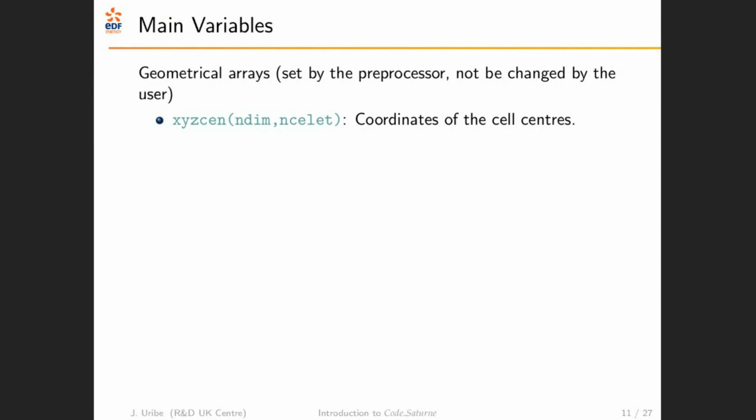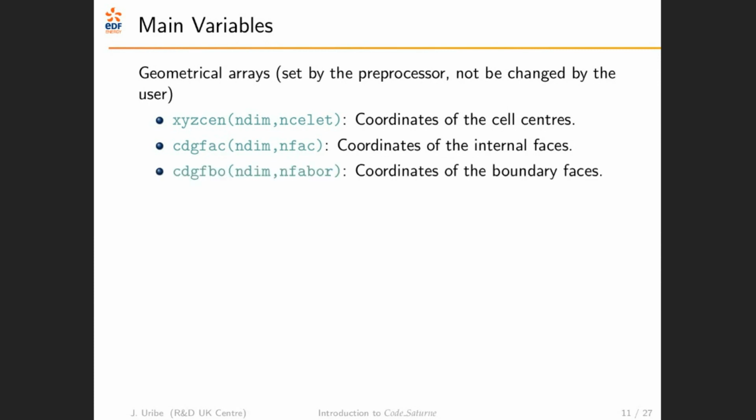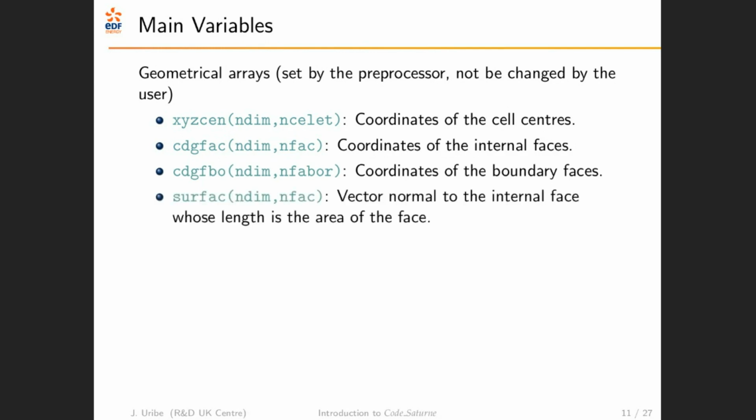So in terms of geometry, you have very useful things to know, things like coordinates. So XYZ is the XYZ coordinate of the cell center. So if you're programming something, you need to know where it is. That's how you get the coordinates.